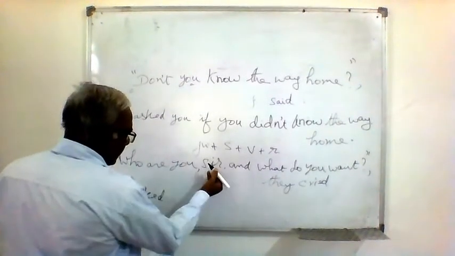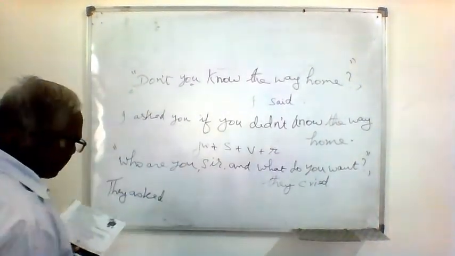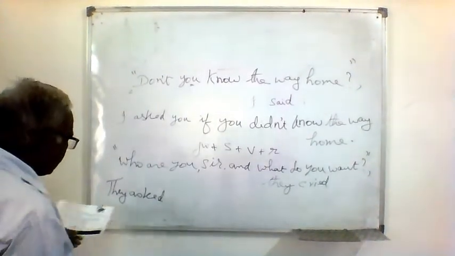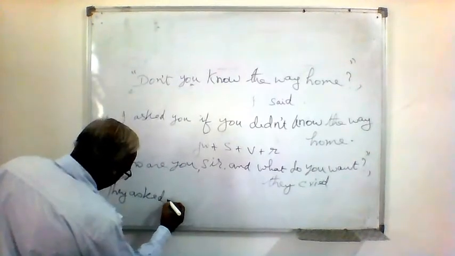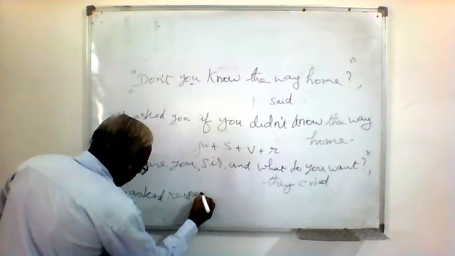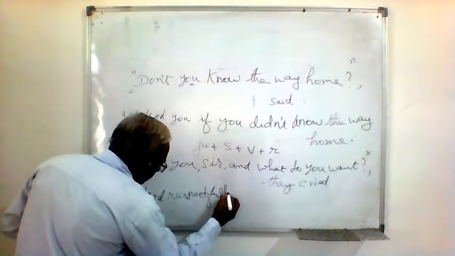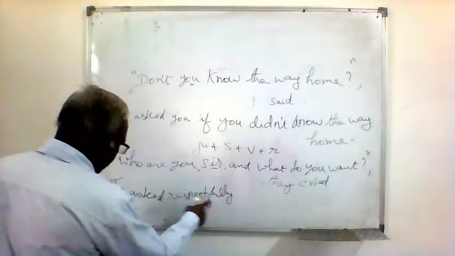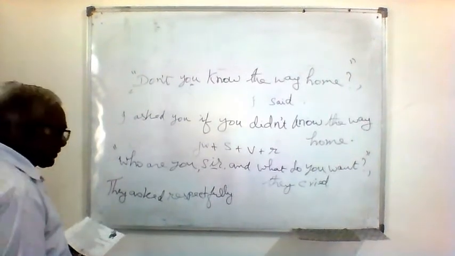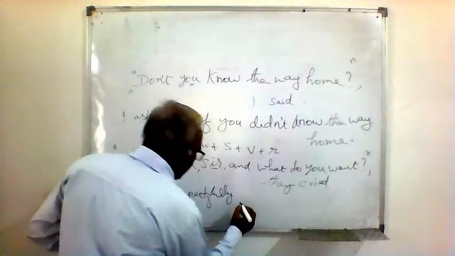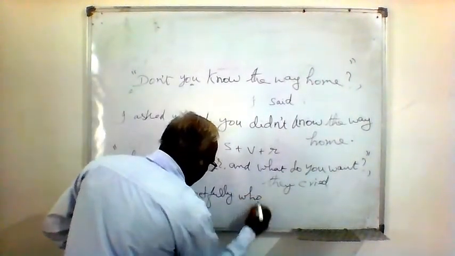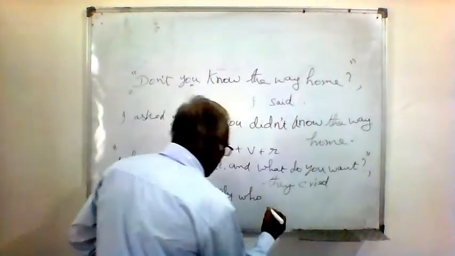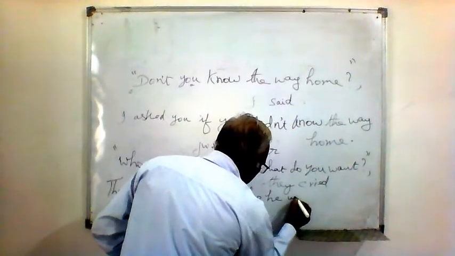They asked. They are using the word respectfully. So, "sir" is speaking to someone with respect. They asked respectfully. Therefore, this word "sir" has come inside this. Now, the joining word, as I told you, "who" becomes small. Who he was.